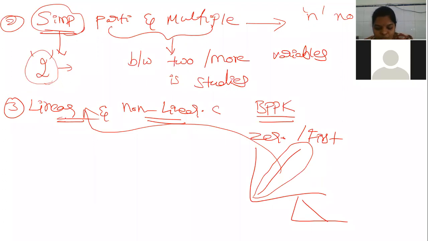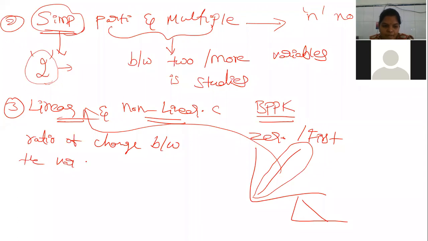The distinction between linear and non-linear correlation is based upon the ratio of change between the variables under study. Okay, just write down next point.